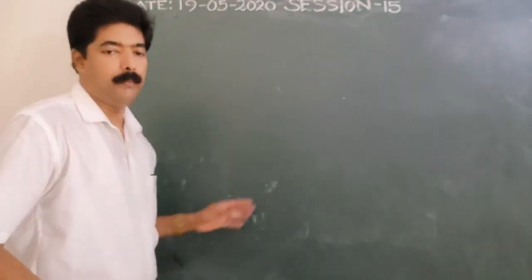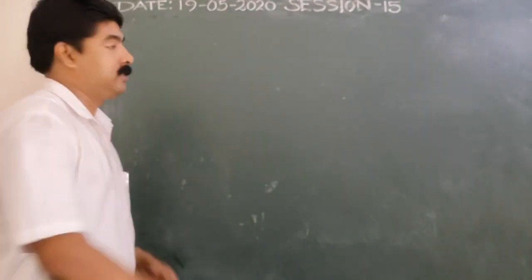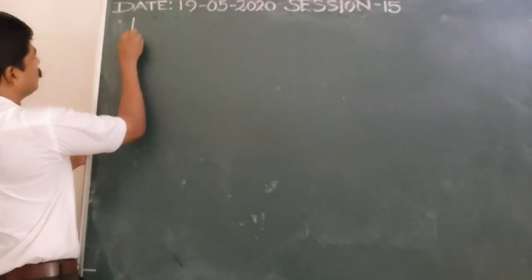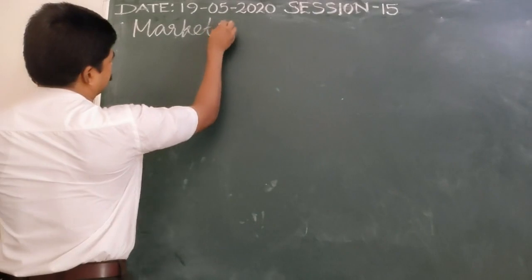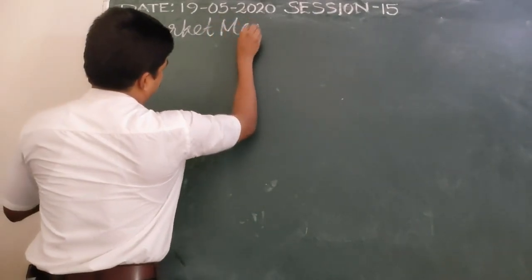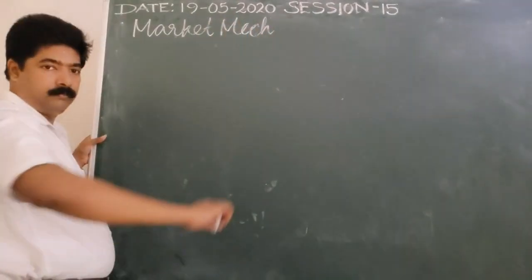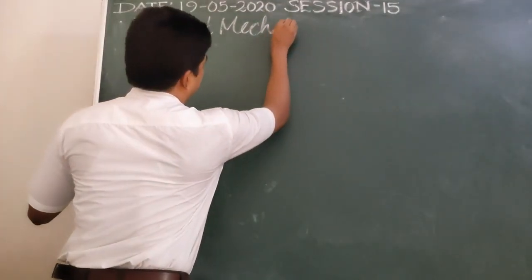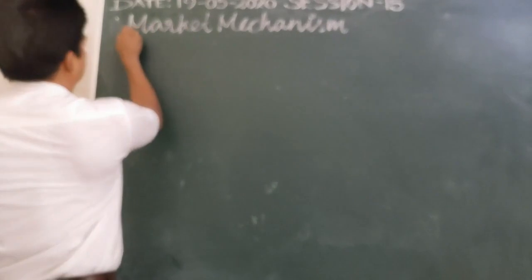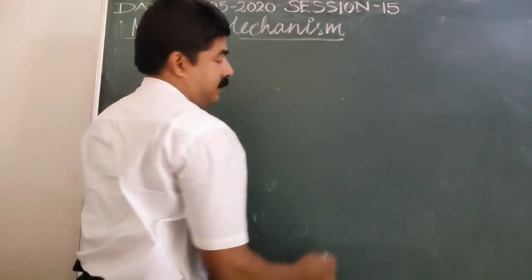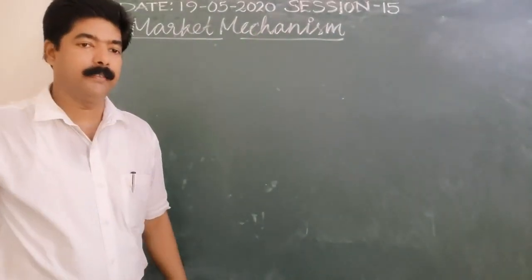So the chapter name is market mechanism. You can write that.